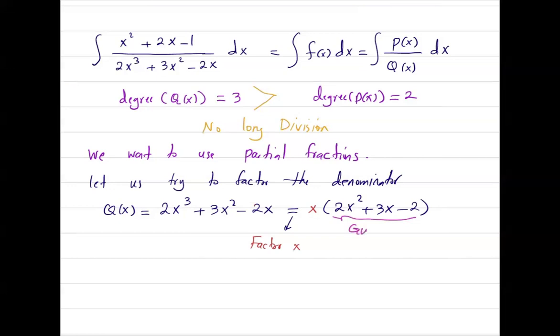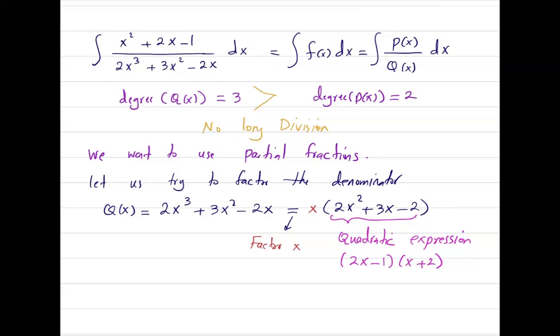This quadratic expression can be written as 2x minus 1 times x plus 2. You can use factoring, or you can use the quadratic formula to find the roots of a quadratic equation and then rewrite this as a multiplication of two linear expressions.